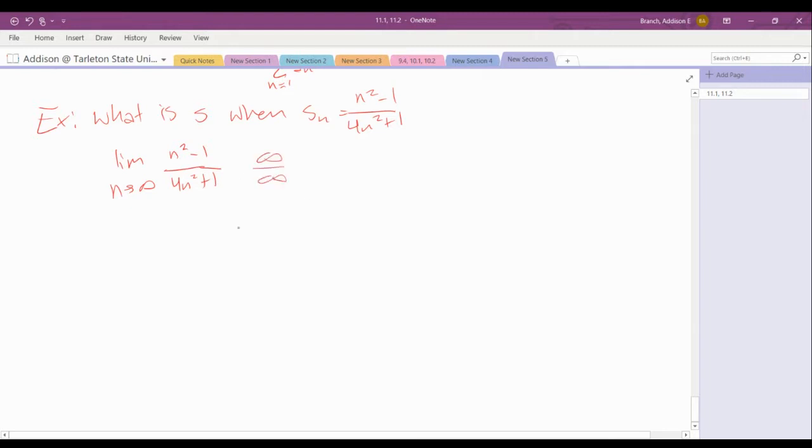It's infinity over infinity, so we divide everything by n squared to get 1 minus 1 over n squared over 4 minus 1 over n squared, which gives 1 minus 0 over 4 minus 0, so 1/4. Therefore our sum is just 1/4.